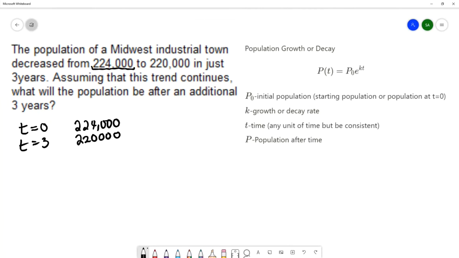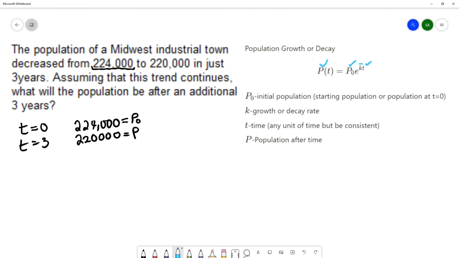So because we have an initial population, we can use this 224,000 as P0, our initial population, and we'll use after 3 years as our ending amount of time, and that's our P for population. So taking a look at our formula, we have values for P, P0, and time.